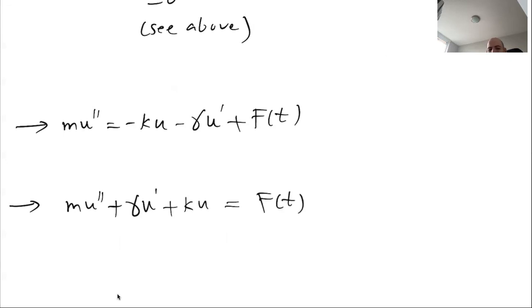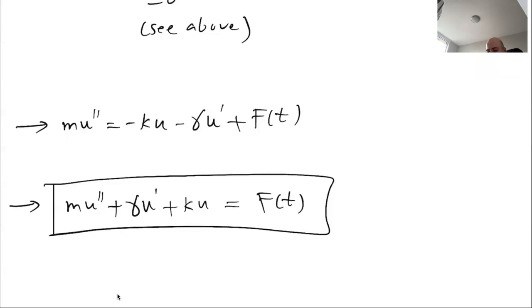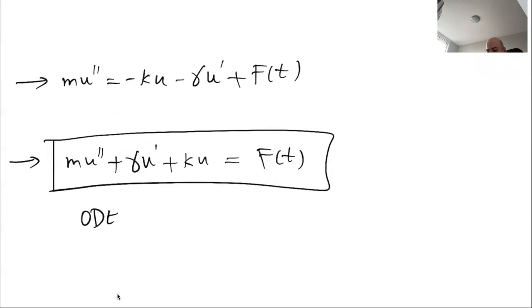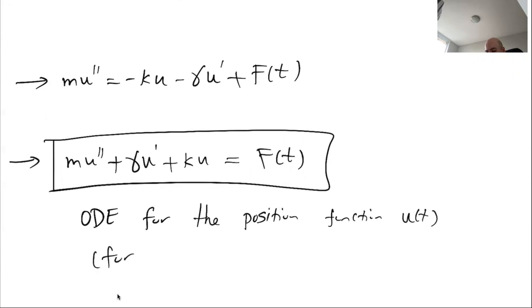This is the equation of movement for this oscillation, the movement of the object in this oscillation. This is the ODE for the position function u of t for the object.